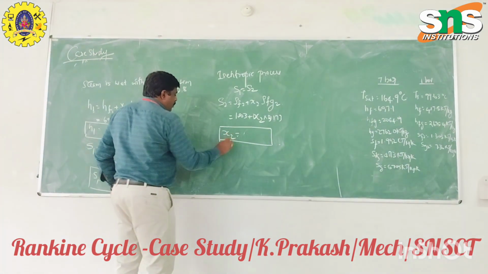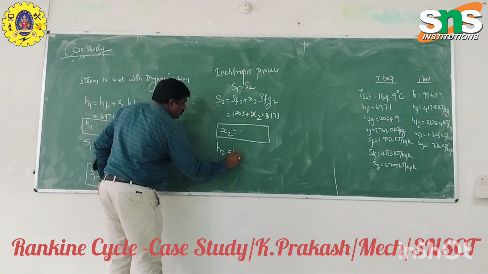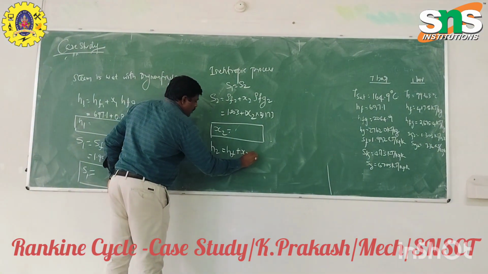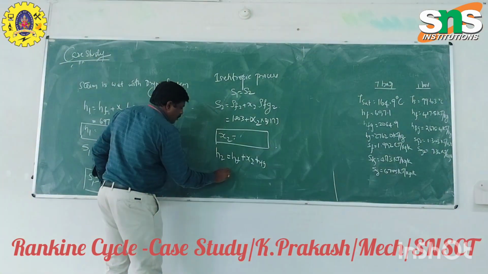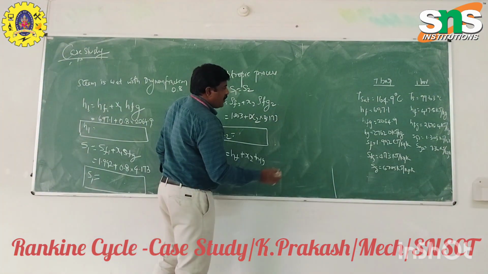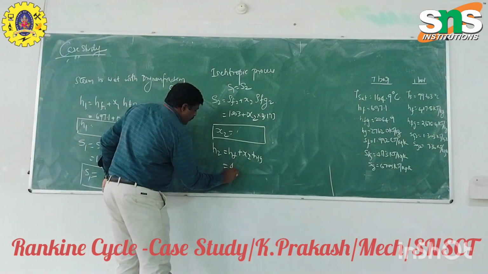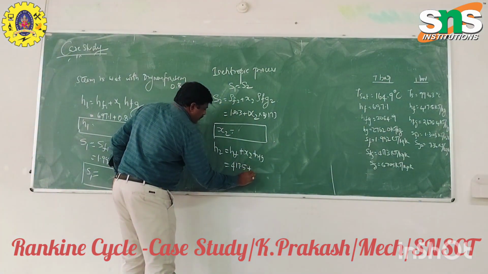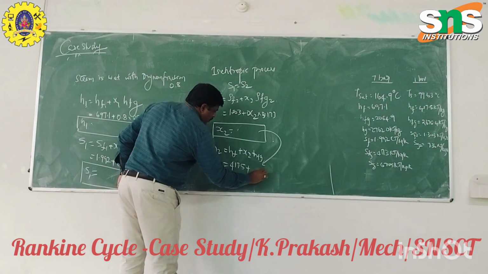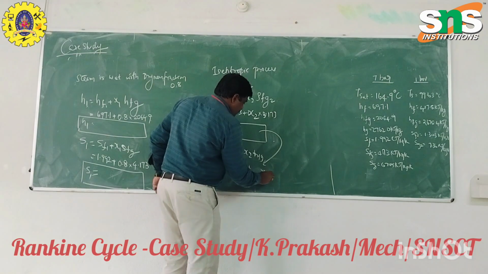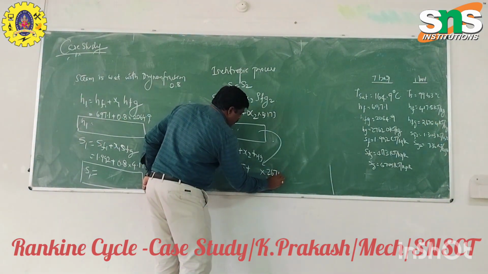Now we can find H2, which is equal to H of 2 plus X2 into H of G. The H of 2 value here is 417.5, plus X2 substituted here, into H of G, which is 2675.4.